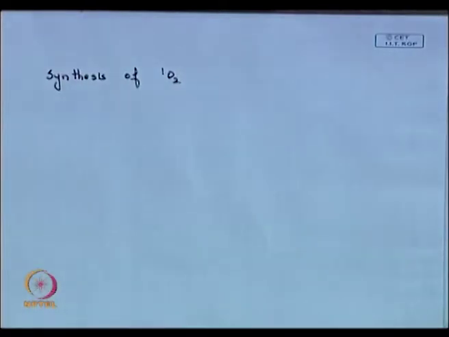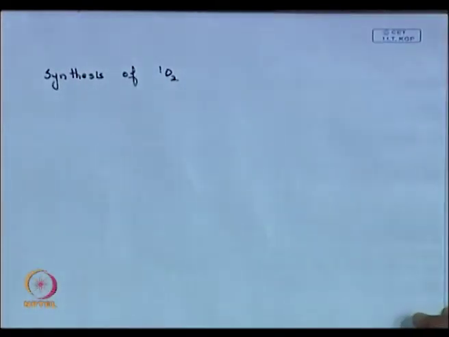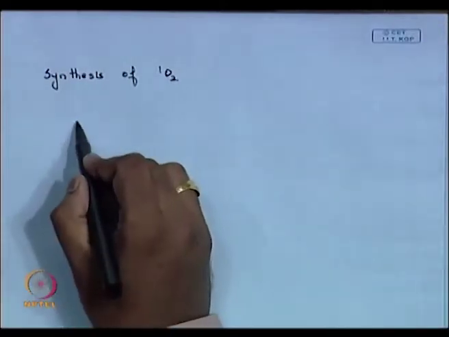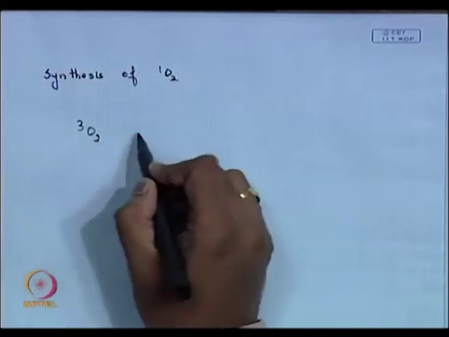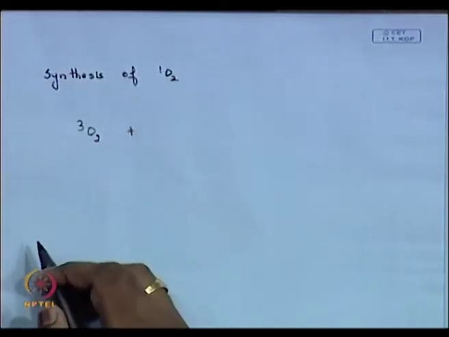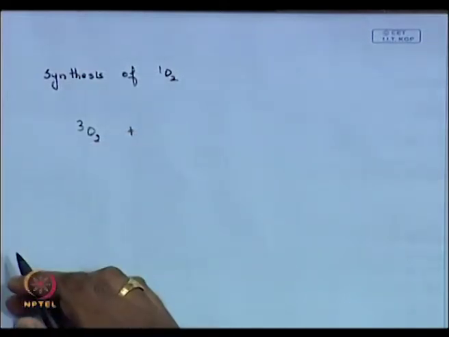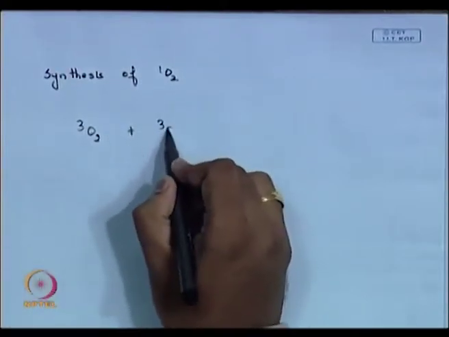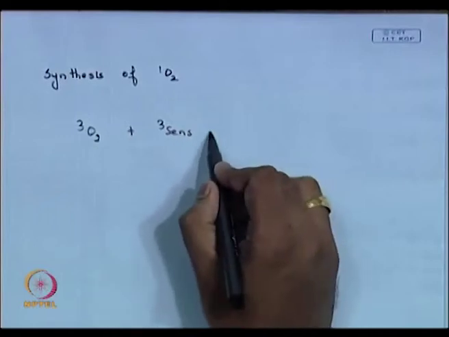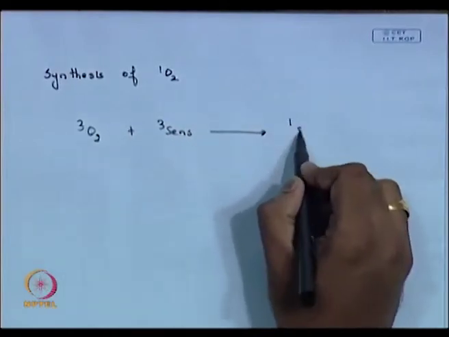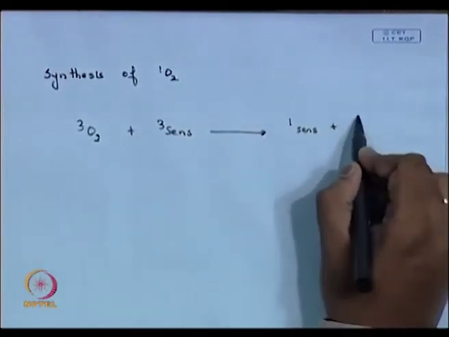Any method for synthesis of singlet oxygen? You take your triplet oxygen, you can use rose Bengal, a commonly used triplet sensitizer, okay. You get a singlet sensitizer plus singlet oxygen.